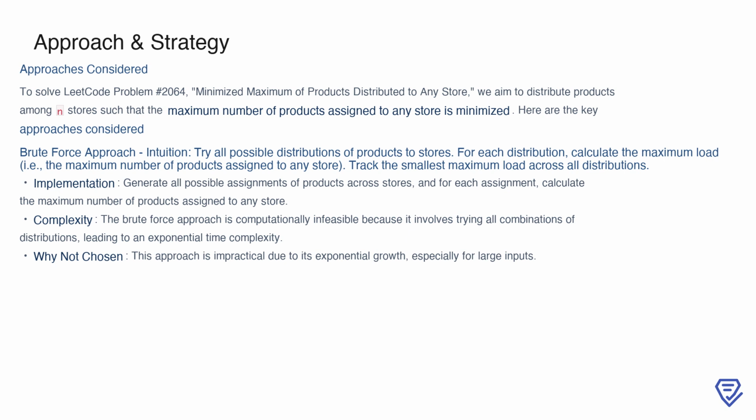However, implementing this approach would require generating every possible combination of product assignments, which leads to an exponential time complexity. This makes it computationally infeasible, especially when the input size is large. Due to this impracticality, the brute force approach is not suitable for this problem.